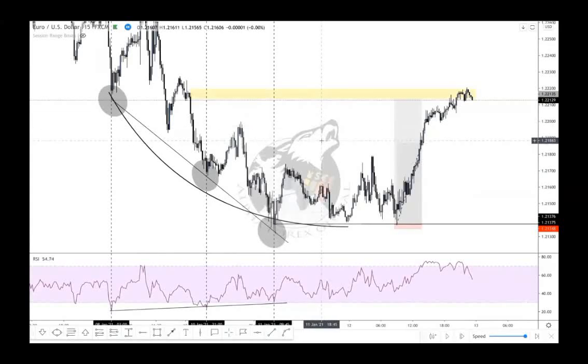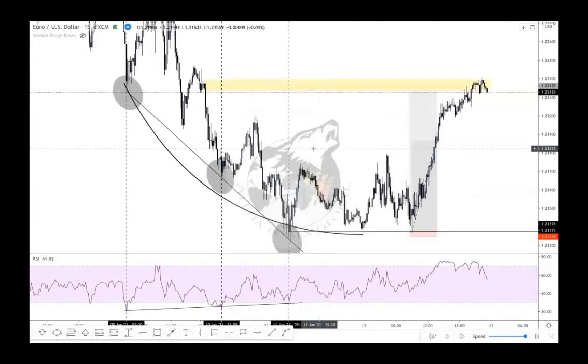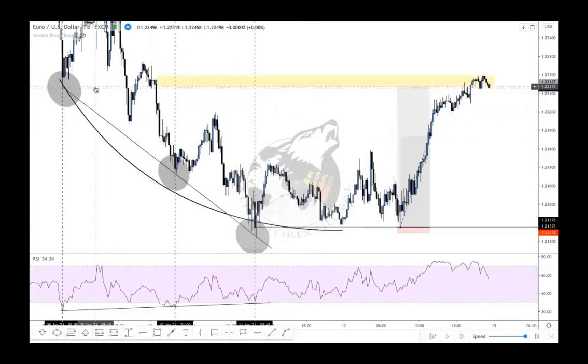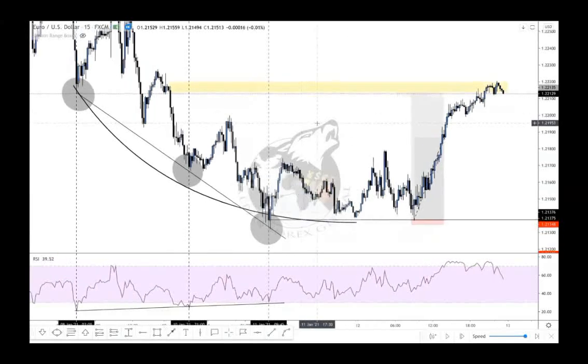Important things to note with divergence though: it doesn't have to be 3 points, it can be 2 points. But whichever number of points the market creates, what is important is that you still follow structure. The market is supposed to give you that breaker structure.